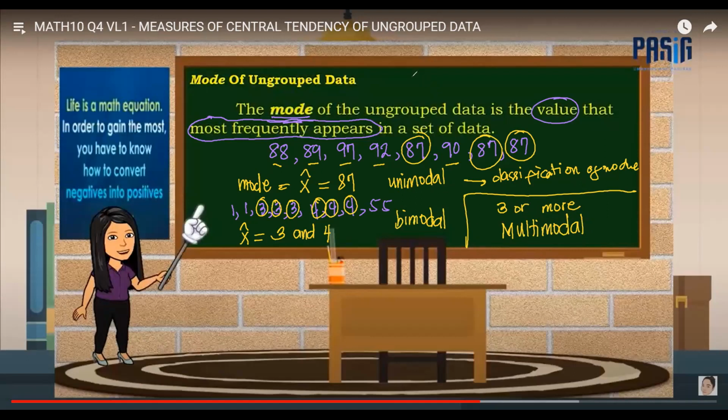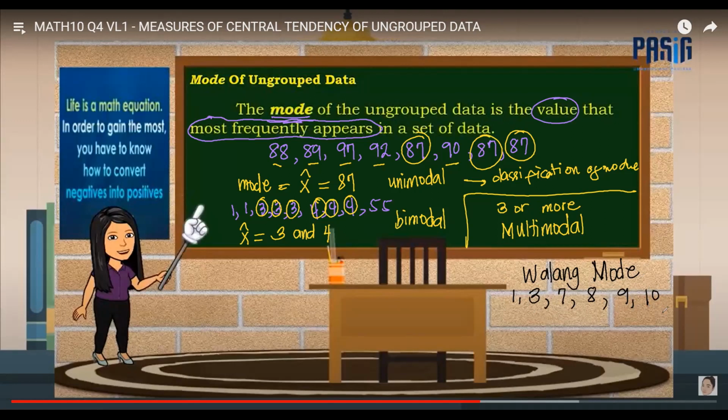So paano naman kapag walang mode? Walang mode. Ibig sabihin, pare-pareho yung dami nila. Like for example, we have 1, 3, 7, 8, 9, 10. So let's say these are the scores of 6 students in a quiz.